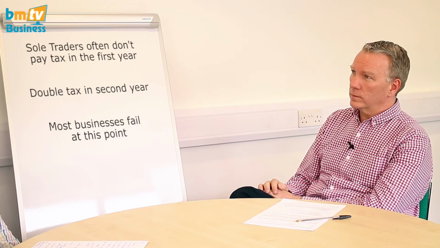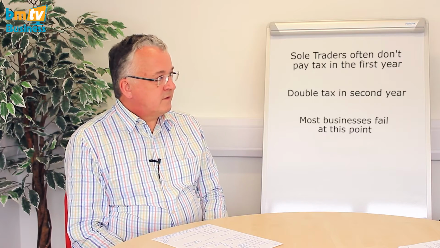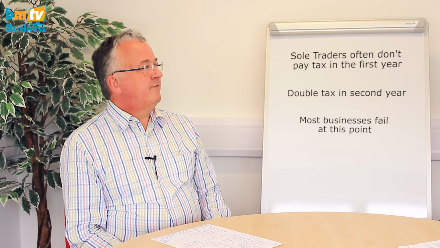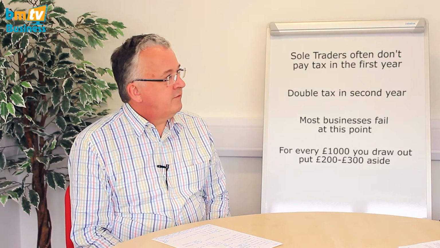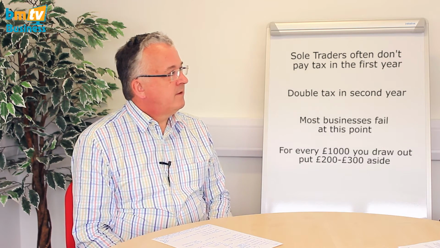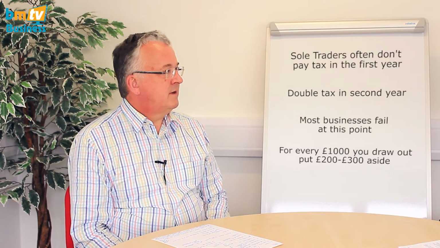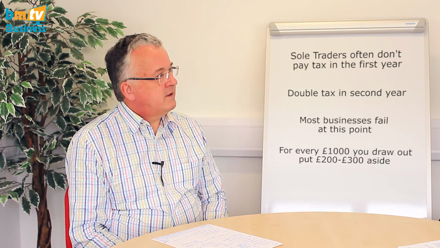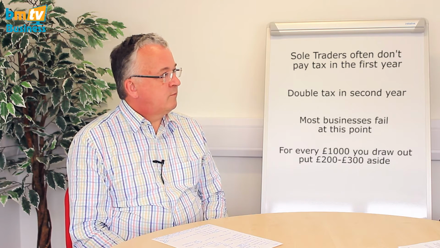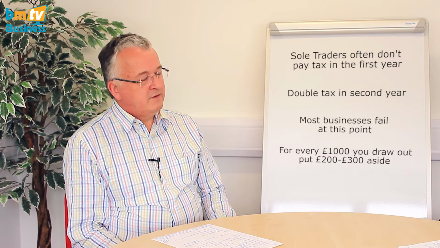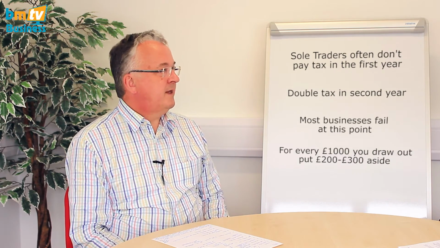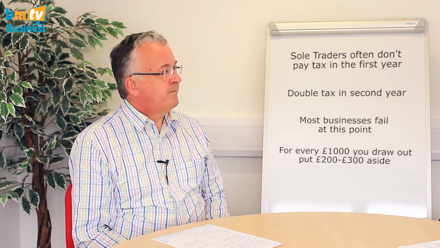Quite often we will talk to new businesses and say, set up a deposit account, and for every £1,000 you draw out, put £200 or £300 aside, to cover the tax and national insurance when it comes along later. And in a similar way, people often do that for VAT as well, because it's only paid normally every quarter, but it can be quite a lot of money, 20% of your turnover.